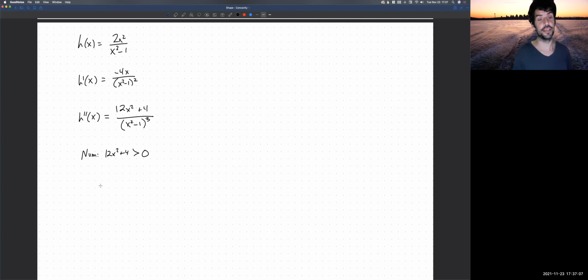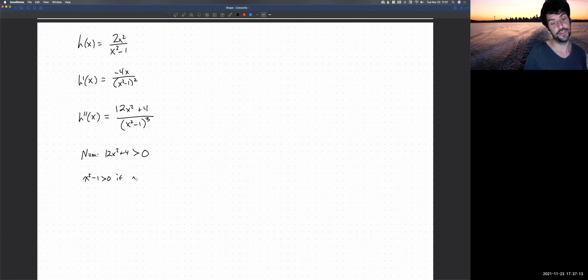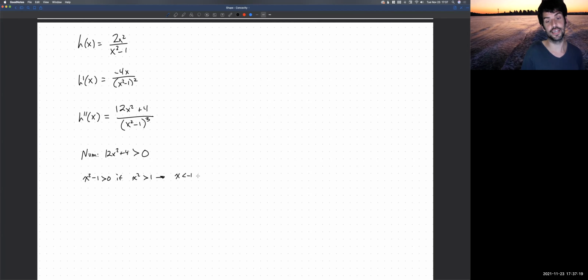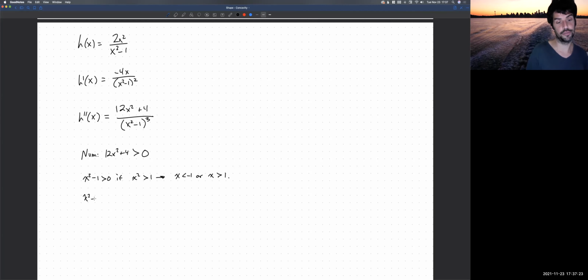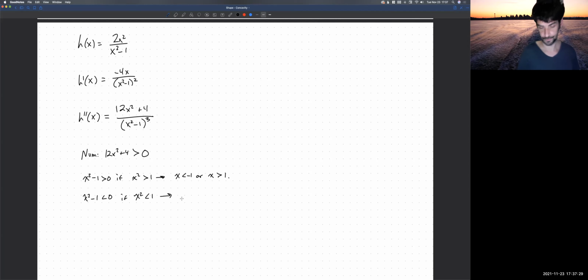Well, when is x squared minus 1 positive? It's positive if x squared is greater than 1, which happens when x is less than negative 1 or x is greater than 1. And x squared minus 1 is negative if x squared is less than 1, which means x is between negative 1 and 1.